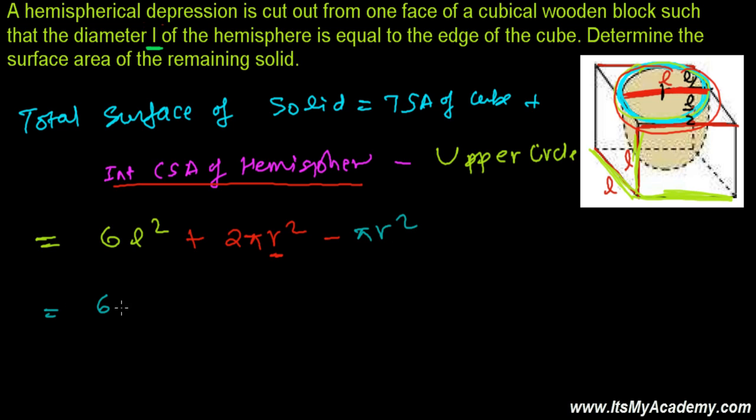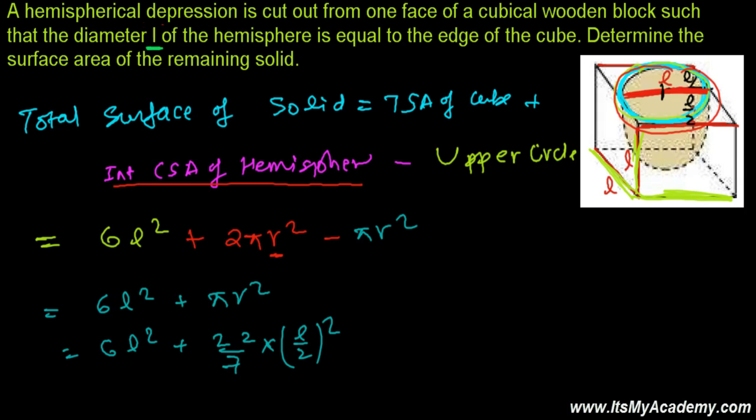So it's 6L square plus 2 pi r square minus pi r square, that's now pi r square. So it's 6L square plus pi, which is 22 over 7, times r square, and r is L over 2.